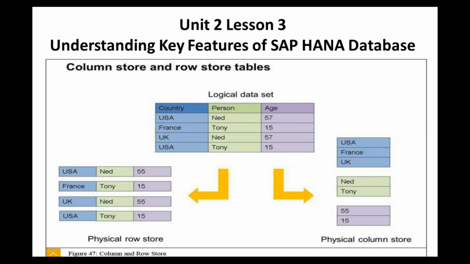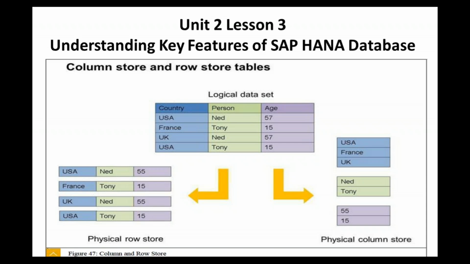Row storage and column storage. So columnar storage allows us to compress the data. So we have columnar storage, and the data gets compressed.